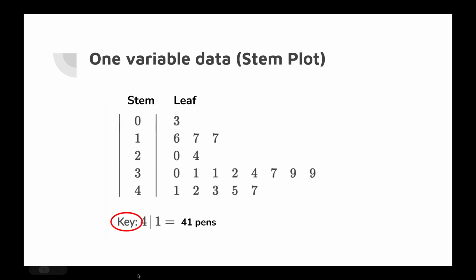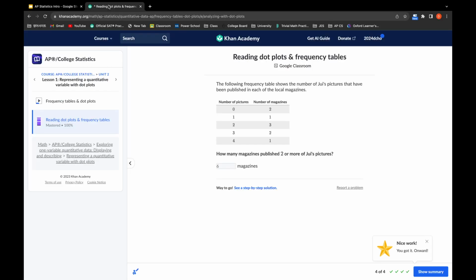For example, it says key: if 4 is on the stem and 1 is on the leaf, it represents 41 pence. So this one can be 47 pence and this one can be 17 pence. Let's try out some example problems.